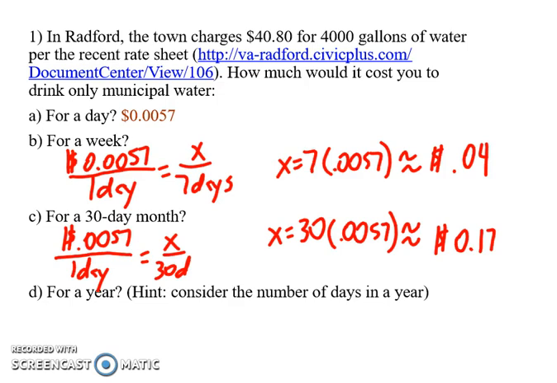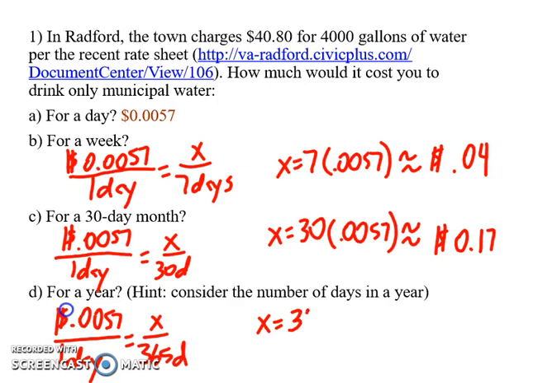And then lastly, if I want to figure out the year, remember that there's 365 days in a year. So again, I set it up the same way, and I'm going to use the 365 days. So when I cross multiply, I'm going to do 365 times this a little over half a penny.